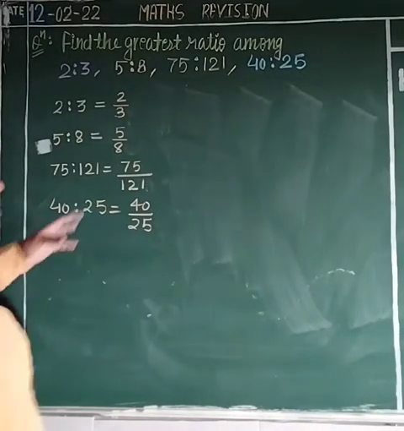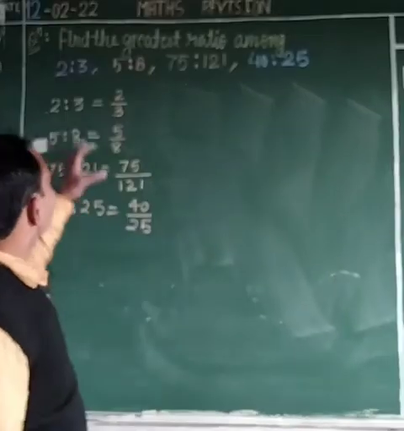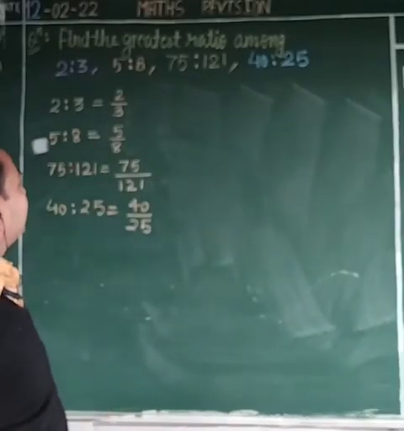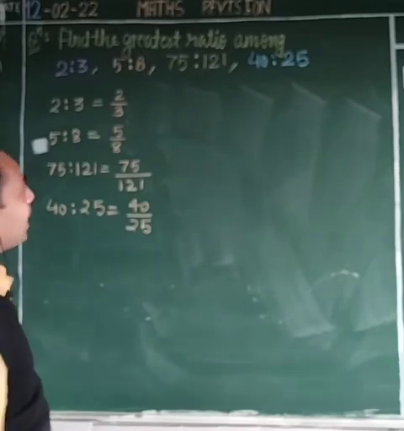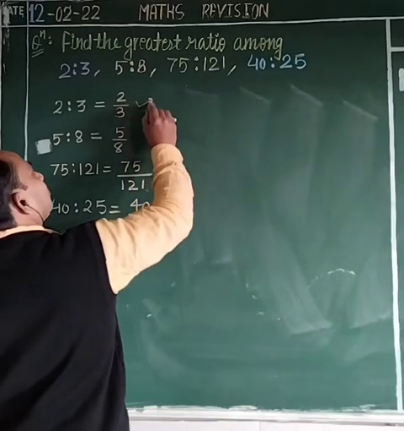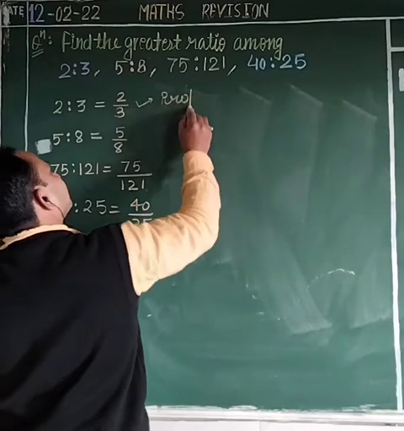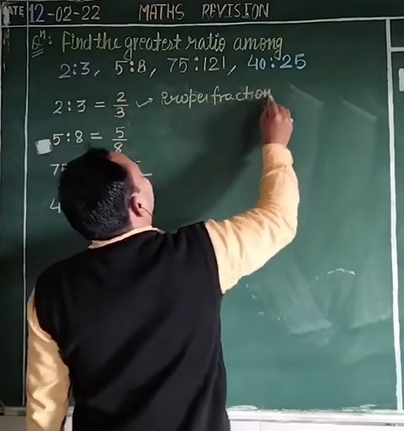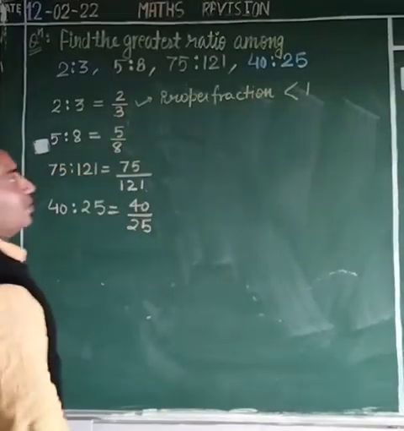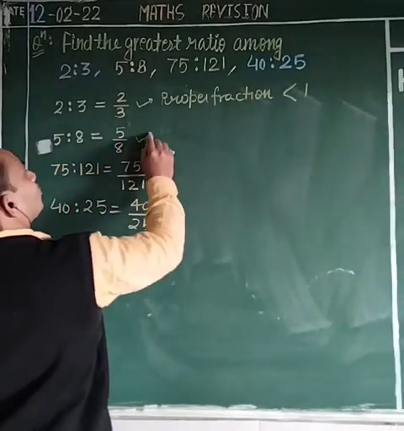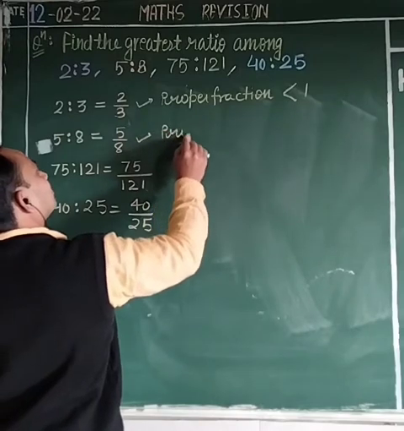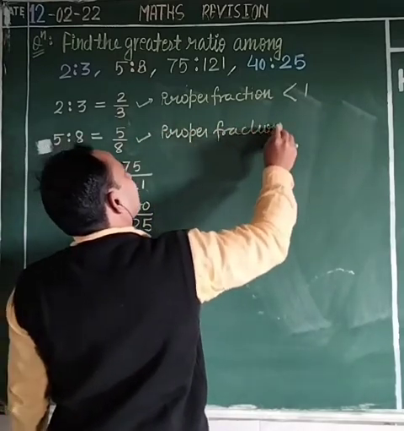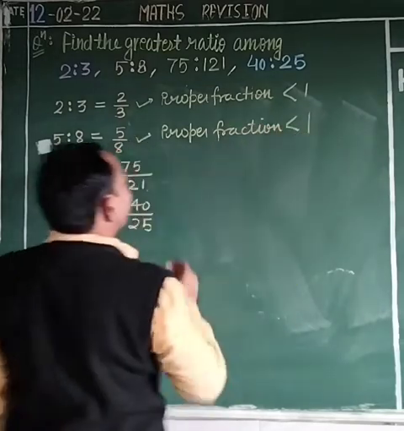Class, there is one shortcut method also to compare these ratios, which one is the biggest and which one is the smallest. The shortcut method is that, check, this is a proper fraction, and a proper fraction is always less than 1. This is also a proper fraction, also less than 1.